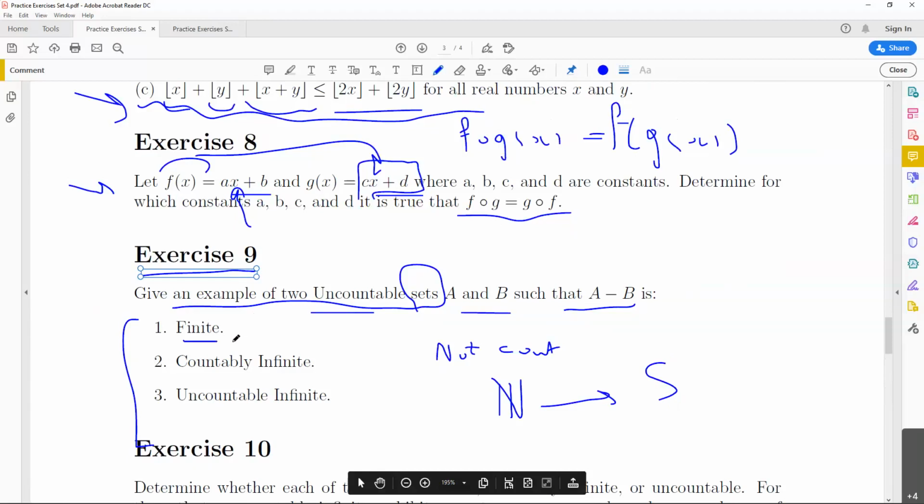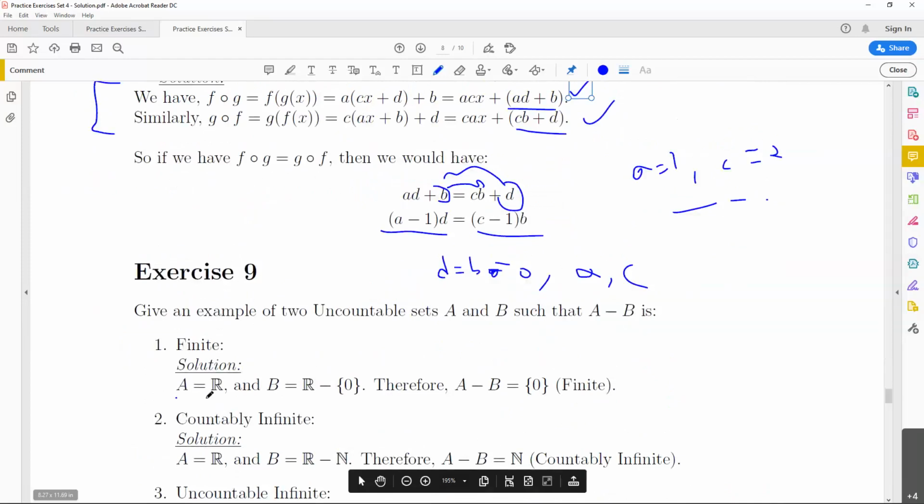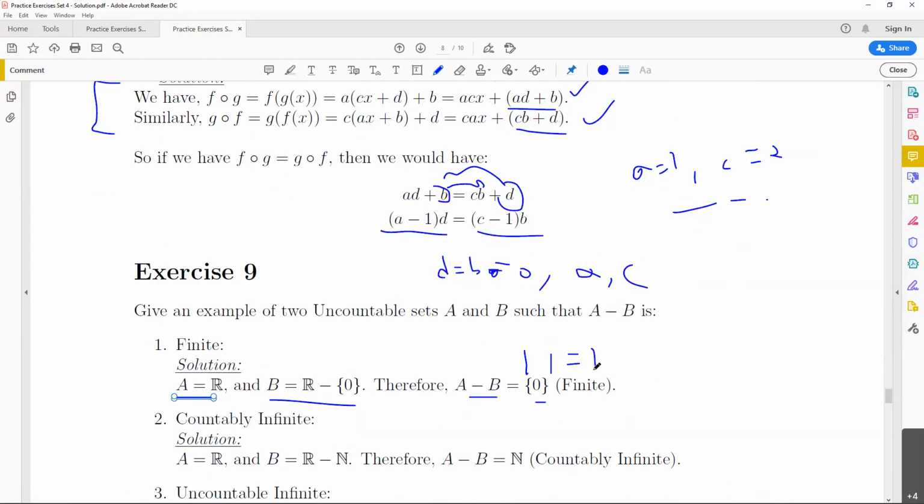Well, for the finite case, you could just choose the sets to be the same. Let's see what they did. They said, hey, A is R and B is R minus 0. So A minus B is going to be just the element 0. The size of this is 1. It's just one element, so it's finite. But if you chose, hey, they're both the same, it's still going to work. You get phi. This phi is finite. You just have 0 elements in it.